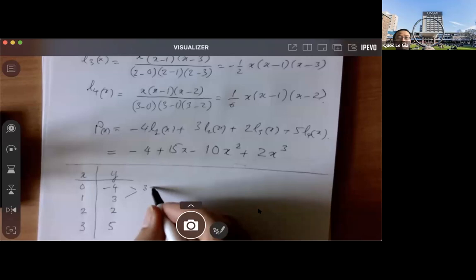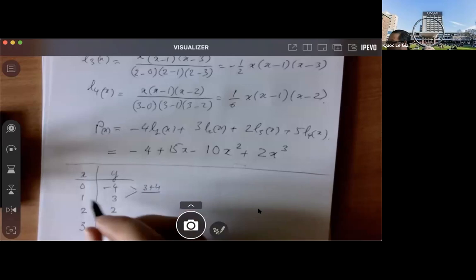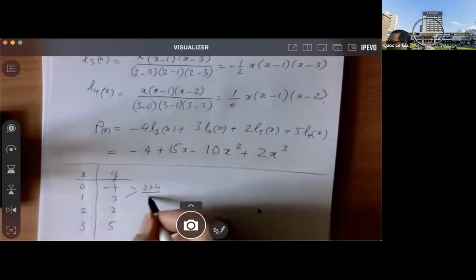And then 3 and 2 here, you got 2 minus 3, and you divide it by 1, so you got minus 1. Yeah. And then you got 5 minus 2 divided by 1, so you got 3. Okay.